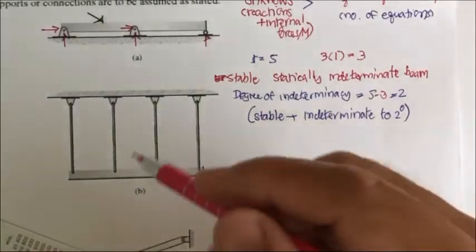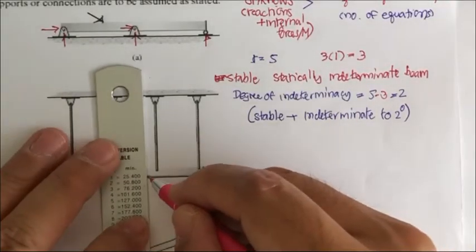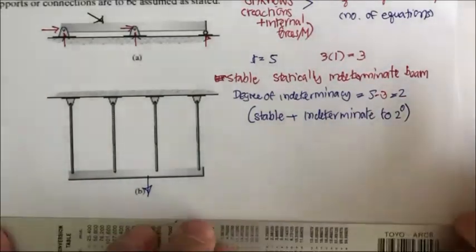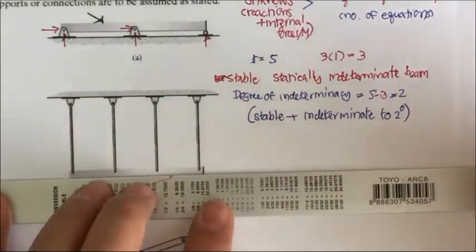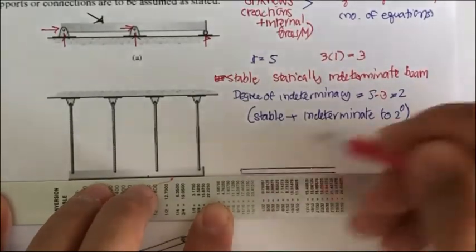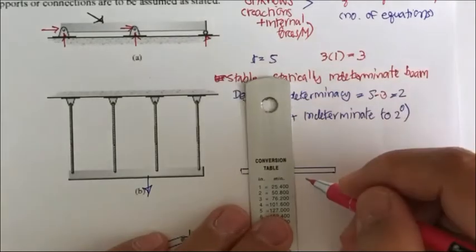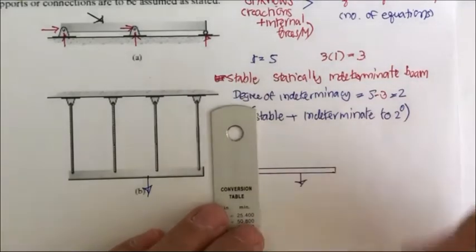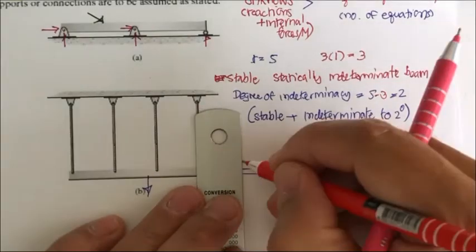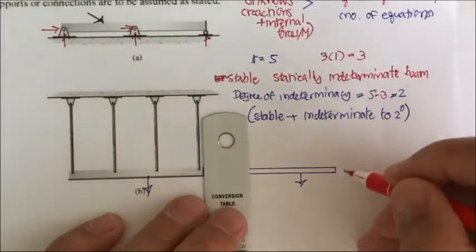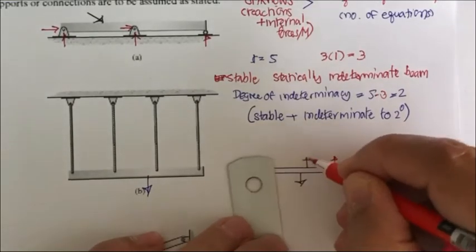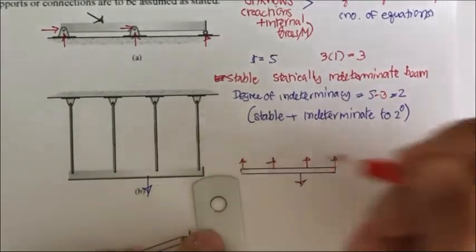This structure is supported by 4 cables. Okay, under the applied force, the structure is going to be resisted by the reactions in cables 1, 2, 3, and 4.